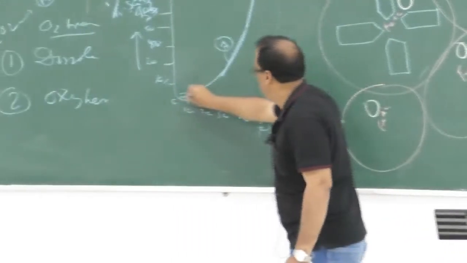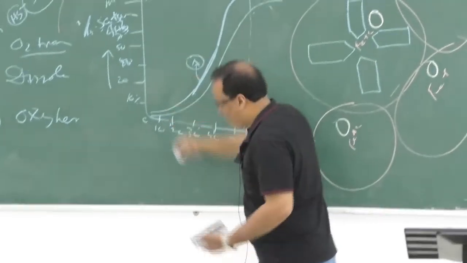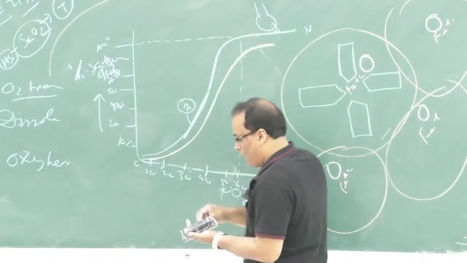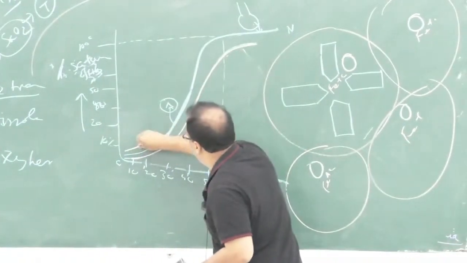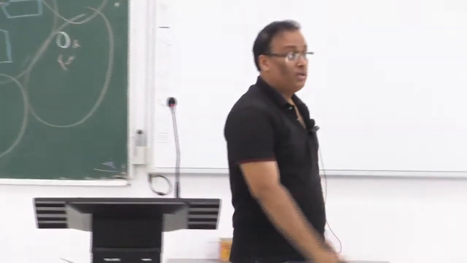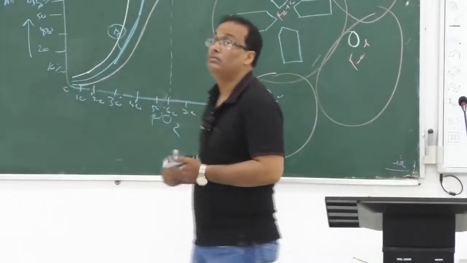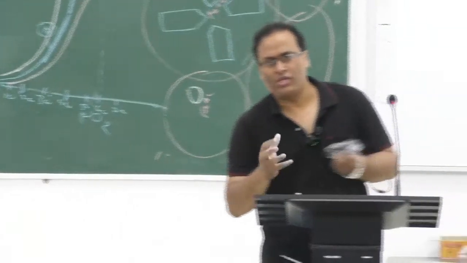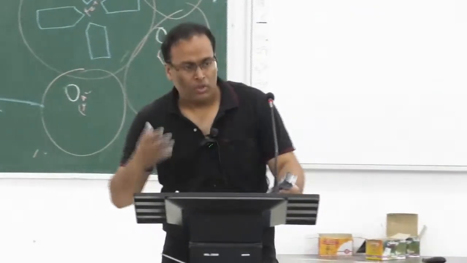This curve may shift to the right side as well as to the left side. যেতে পারে তো? কেন যেতে পারে? তাহলে আমি যখন এক্সারসাইজ করছি তখন আমার কি দরকার? অক্সিজেন দরকার. তাহলে আমাকে হিমোগ্লোবিনের সঙ্গে অক্সিজেন টাইটনেস বাড়িয়ে লাভ নেই. ওকে বলে ভাই তুমি ছাড়ো অক্সিজেন, আমার অক্সিজেন লাগবে.